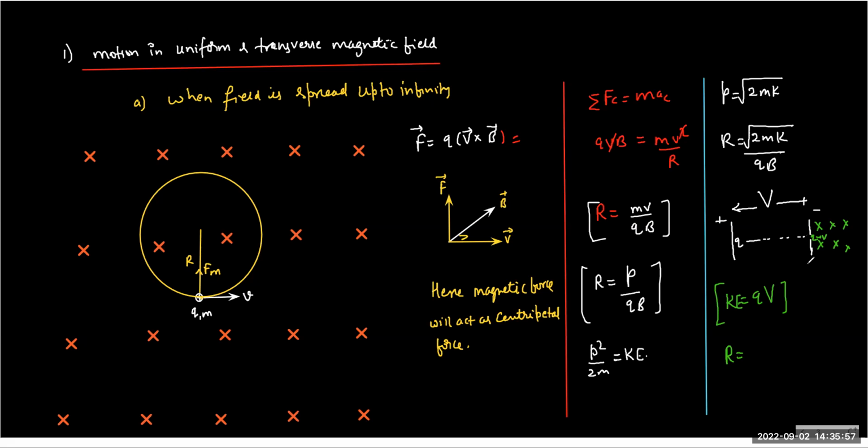So what will happen to the radius of such a particle which has been accelerated through a potential difference of V volt starting from rest? Your kinetic energy will be qV, which is the energy you gain. And now with this kinetic energy, you enter the magnetic field. Imagine that way.